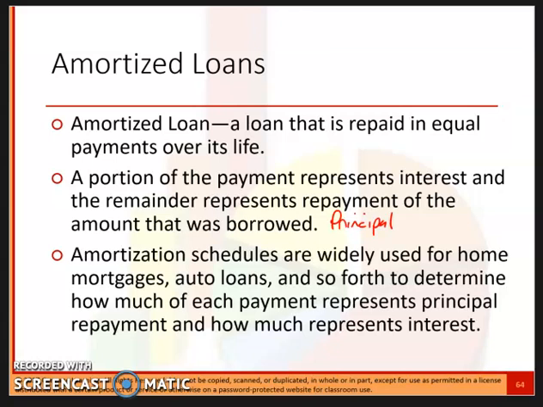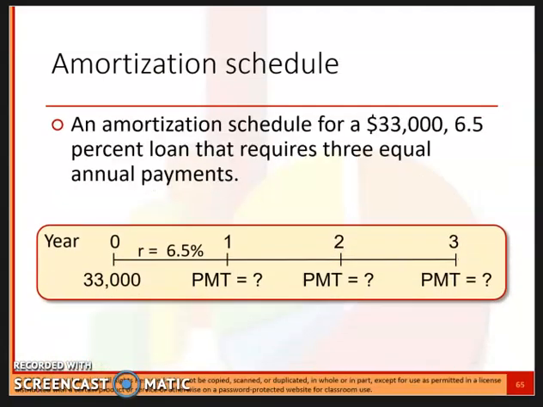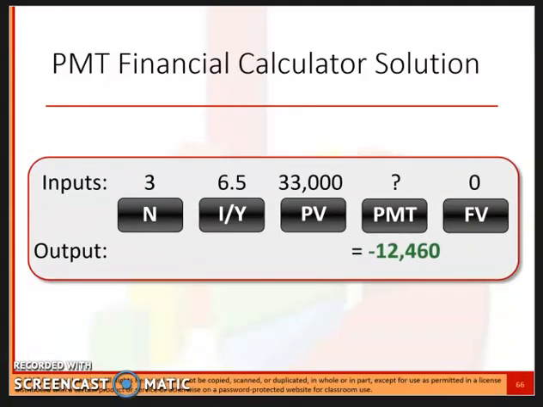So an amortized loan, in this case $33,000 at 6.5%, requires 3 equal annual payments. I'm going to calculate this monthly as well. We'll go to the next slide.